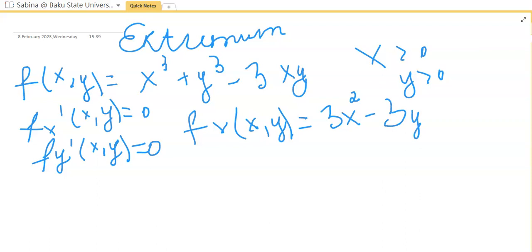I guess you know how to find derivatives. Then it's equal to 0. These two are called necessary conditions of finding extremum of the function.